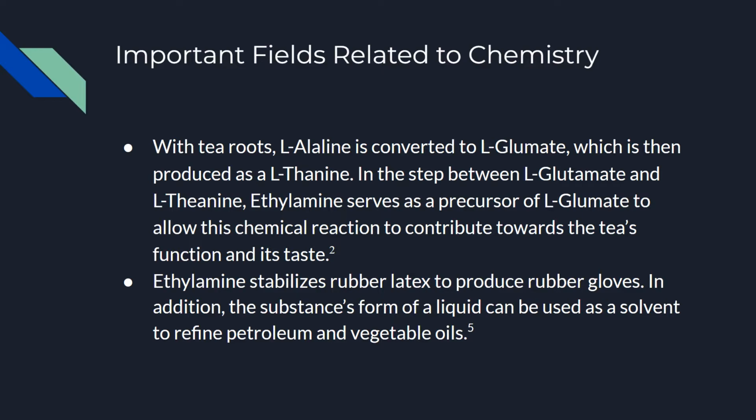The way this works is L-alanine is converted to L-glutamate, which is then produced as L-theanine. But in the step between L-glutamate and L-theanine, ethylamine takes part to serve as a precursor, which allows this chemical reaction to occur, and which also contributes to the tea's ability to do its function and its taste.